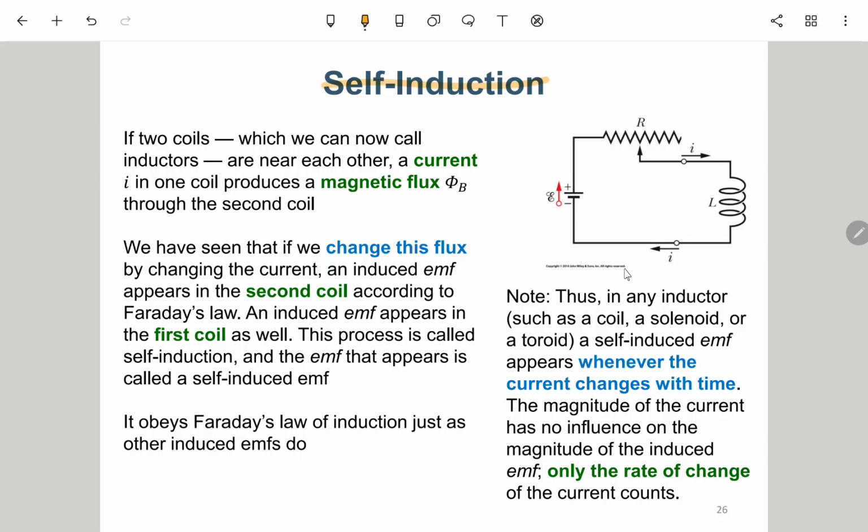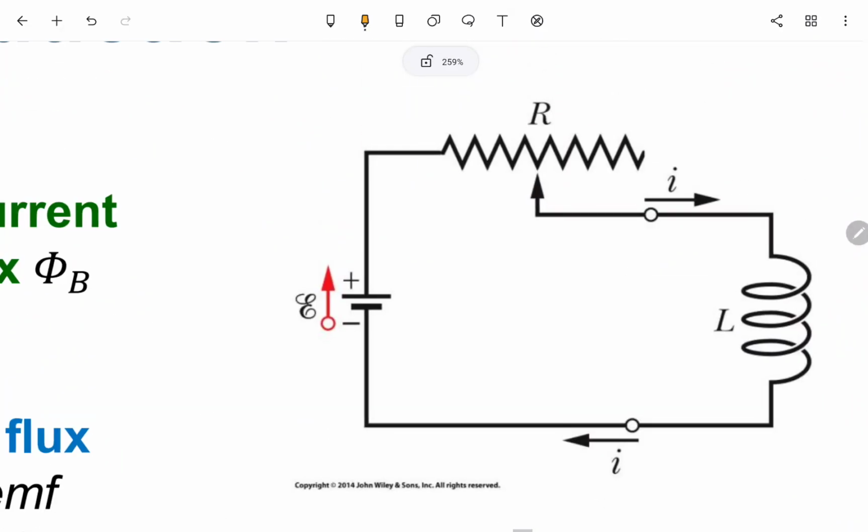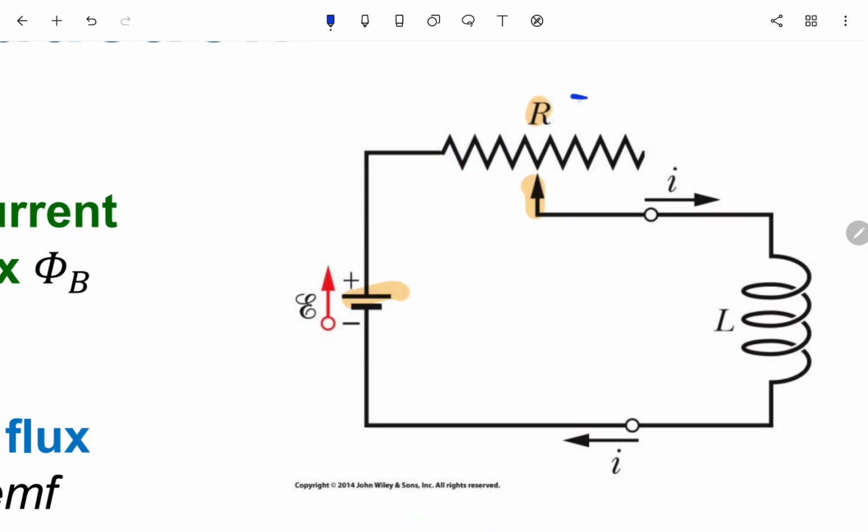So here is a simple setup. This is a single loop circuit, and we have a battery here generating some potential difference. And then this is a resistor, but you can see this tip here means it is a tunable resistor.